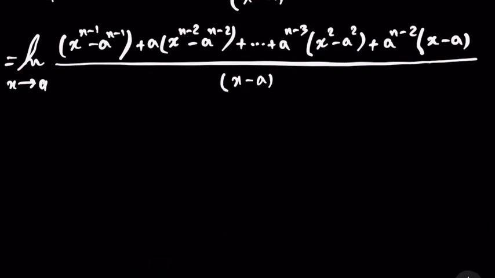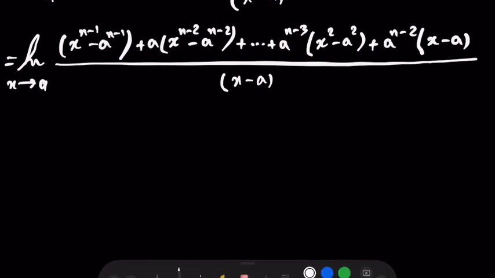Now let's go back to the identity we have. You can see we have some terms. The first one is x to the power of n minus 1 minus a to the power of n minus 1. The second term includes x to the power of n minus 2 minus a to the power of n minus 2, and you can see it's x squared minus a squared, x minus a.